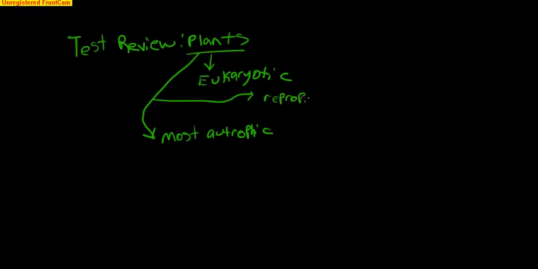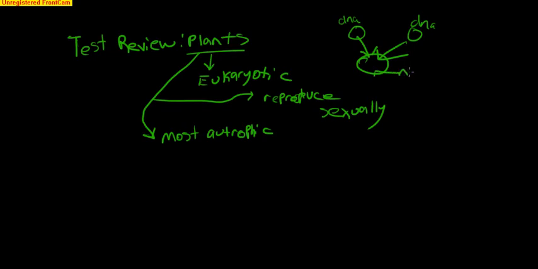So basically, this means they're going to use pollen or cones or whatever it takes, but they're all going to reproduce sexually, which basically means you're going to get DNA from one place and DNA from another place, and those are going to come together and make this new organism with a combination of these two DNA.